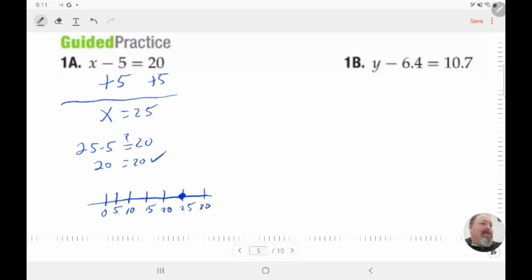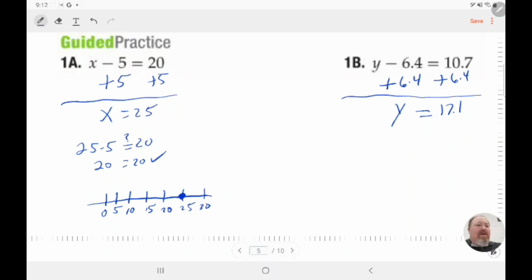Then on 1B, I would add 6.4 because that's the opposite operation of subtraction. If I do it to one side of the equal sign, I do it to the other side. Minus 6.4 plus 6.4 would be 0, so that leaves me with y. And 10.7 plus 6.4 would be, what? 17.1.